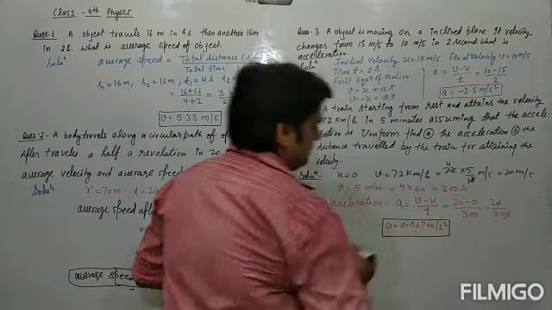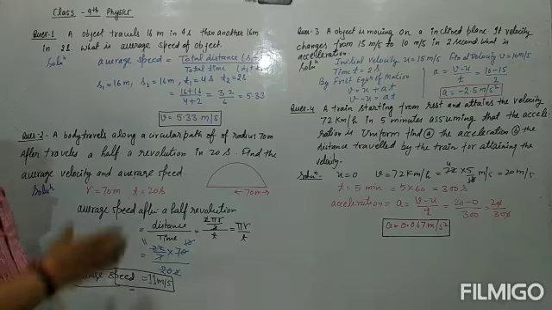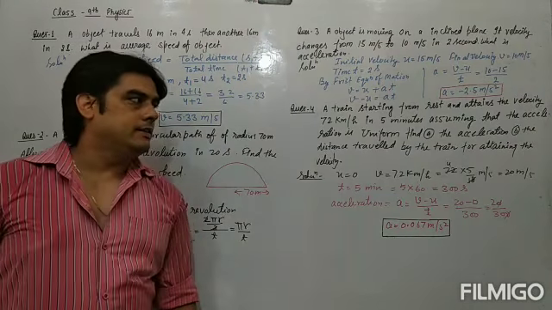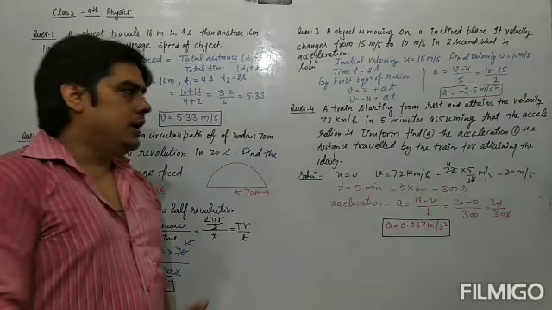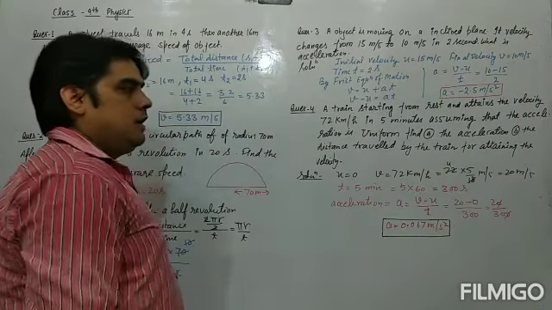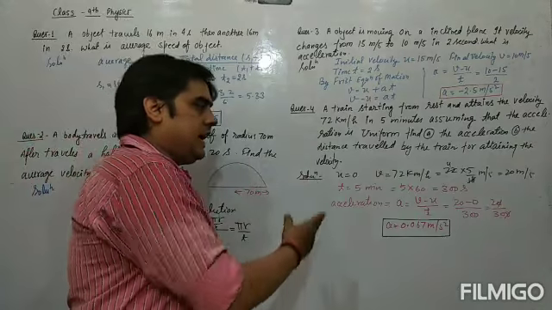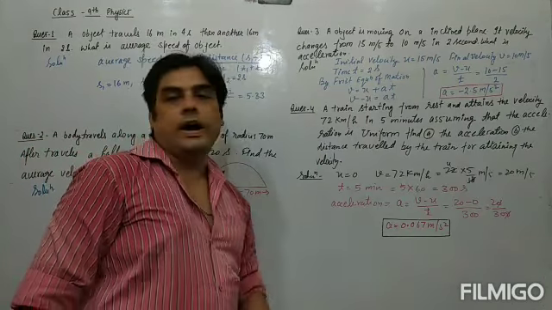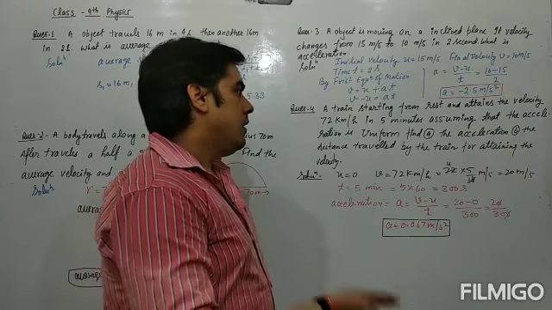And in the second part, the distance traveled by the train for attaining the velocity. Here, the value of u, v, and time t is given, and now you find the value of acceleration.